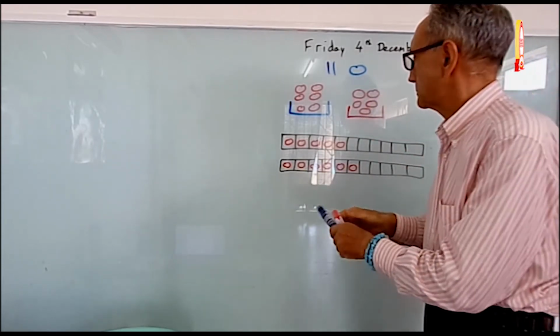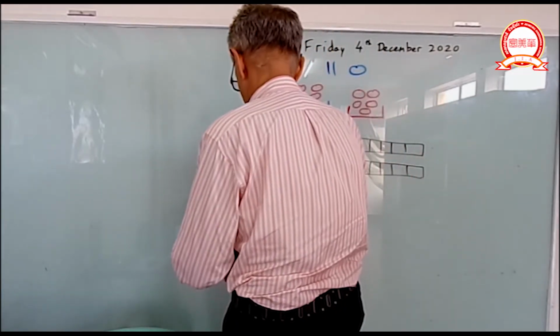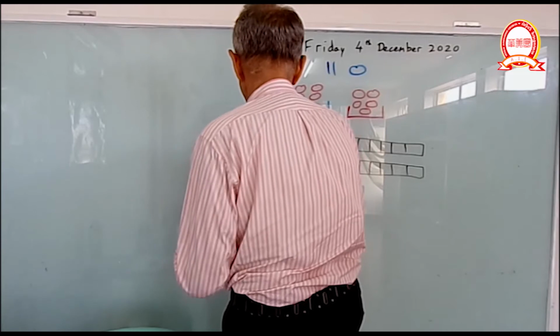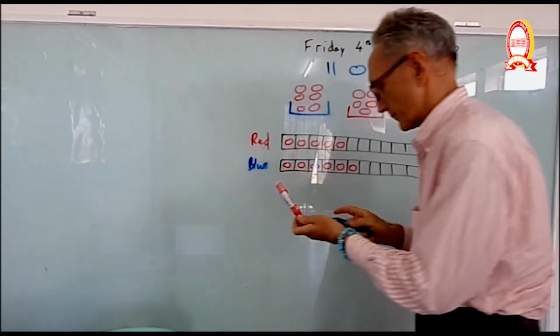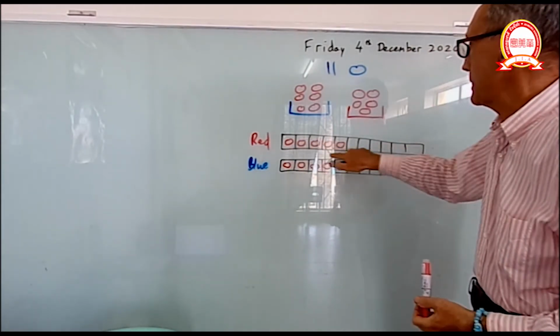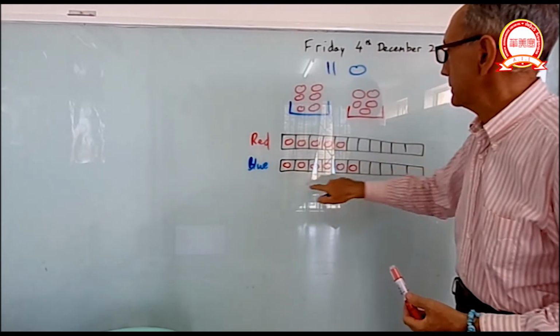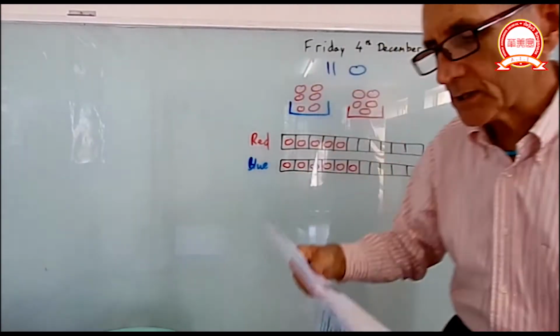So in the book, here is red and here is blue. So you put the red beans in the red line and the blue beans in the blue line. When you've done that, you can answer the questions.